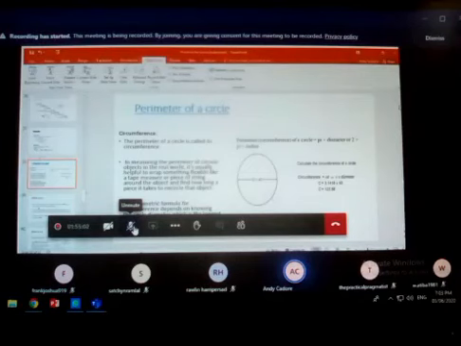So let me say the diameter in this case is 35 millimeter. And we want to know what is the distance around the circle. What is your circumference? I want you now to use the formula and find your circumference.